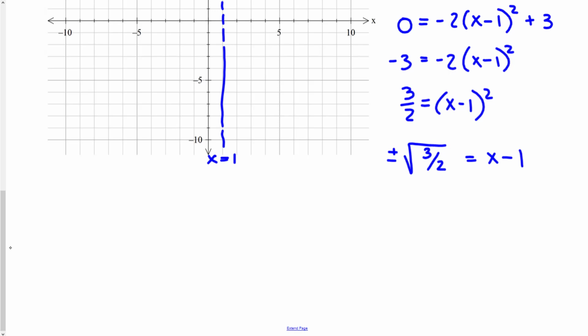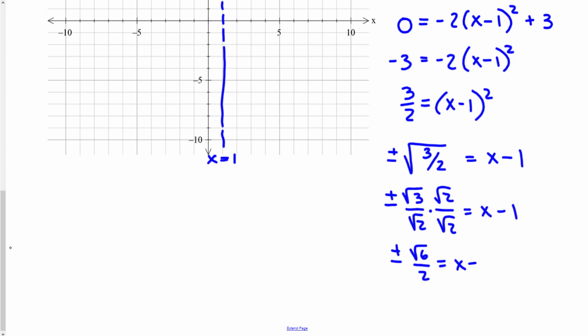Now you're not supposed to have square roots in the denominator of a fraction, so technically what I should do here is multiply top and bottom by the square root of 2 over itself. So that's going to give me plus or minus square root of 6 over 2 equals x minus 1.